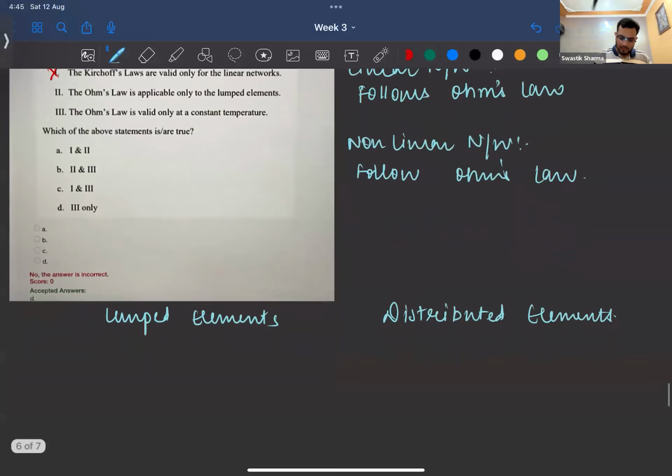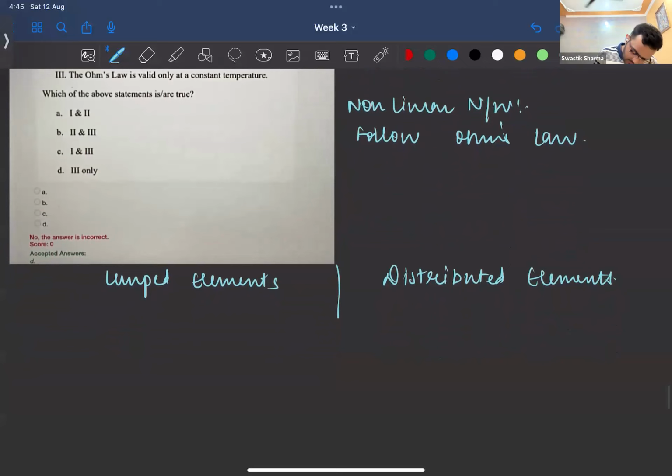Can you tell me what lumped elements and distributed elements are?